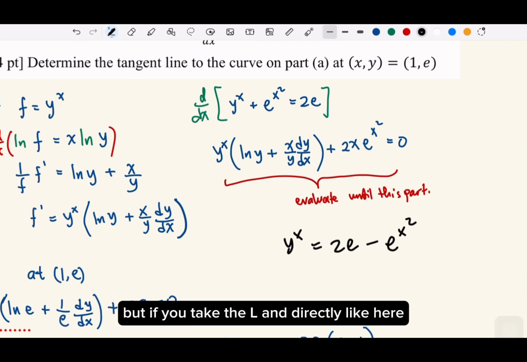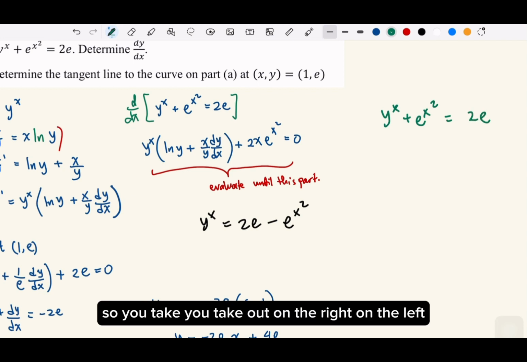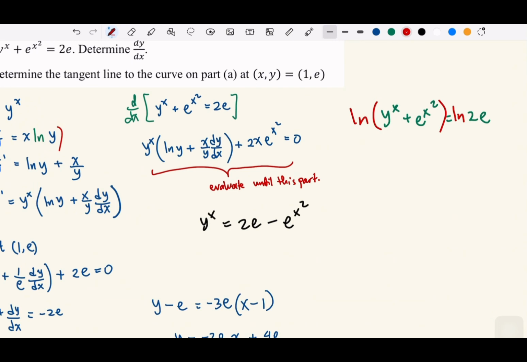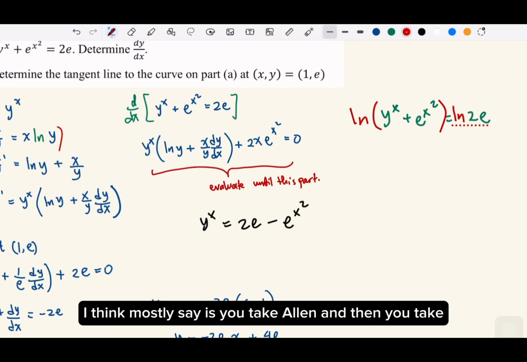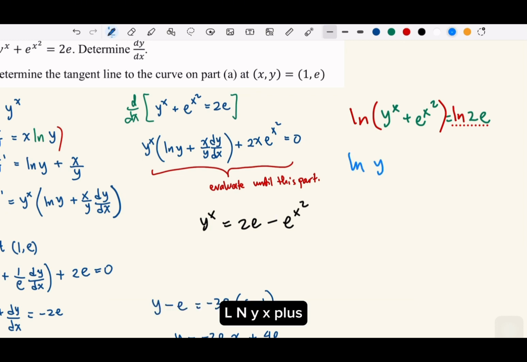But if you take the ln directly, like here, so let me write. So you take ln on the right, on the left. I think most mistakes are here. You take ln, and then you divide, and it makes this into ln y over x plus.